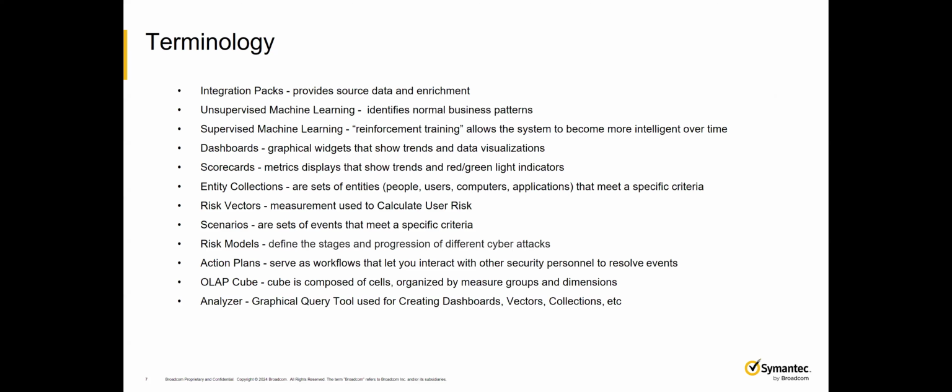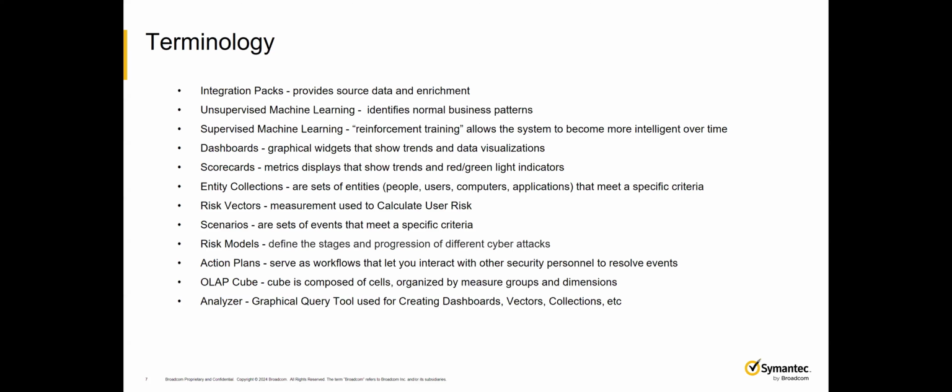You will hear me talk about unsupervised machine learning, the ability to identify normal business patterns and those that are not. Supervised machine learning is the ability to actually teach ICA what is an acceptable incident and what is an incident that needs to be investigated, so what is a true violation.